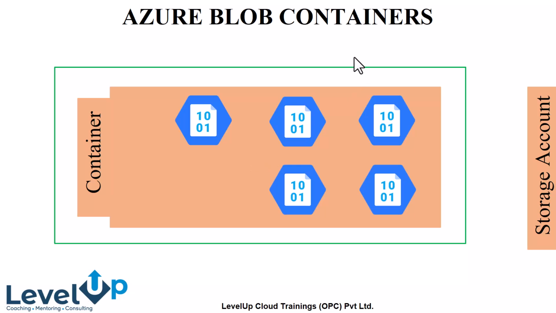All right. Now let us go ahead and do one simple hands-on exercise. We will create a storage account, create a container, add a blob inside the container, and then we'll come back and see the rest of the options. Let me switch to my Azure portal for that.